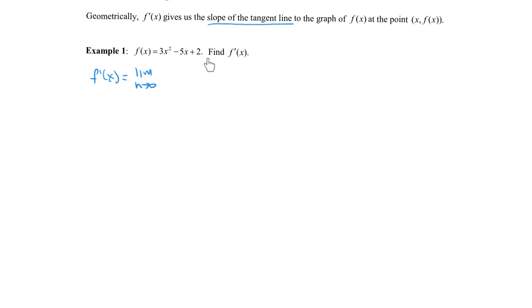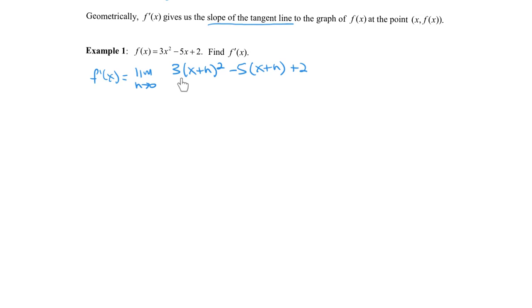So that would be 3 times x plus h squared, minus 5 times x plus h, and then plus 2.